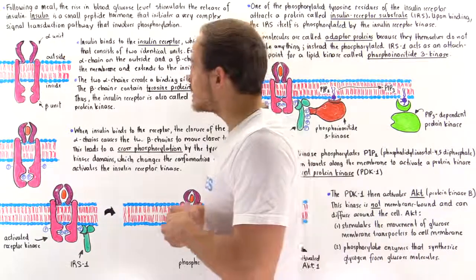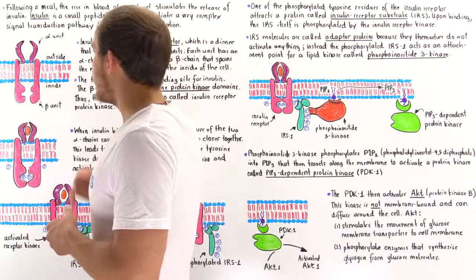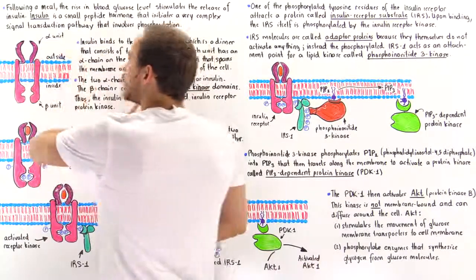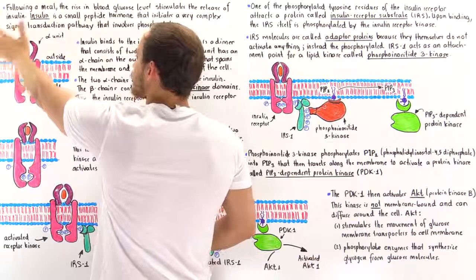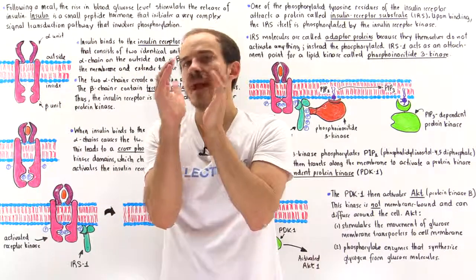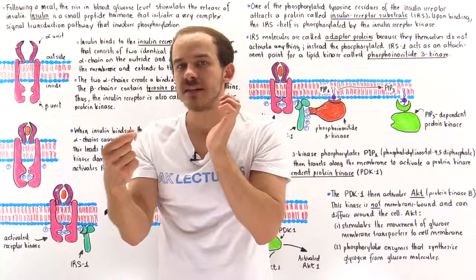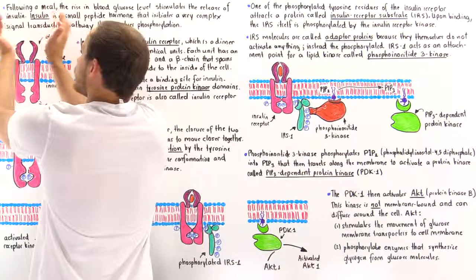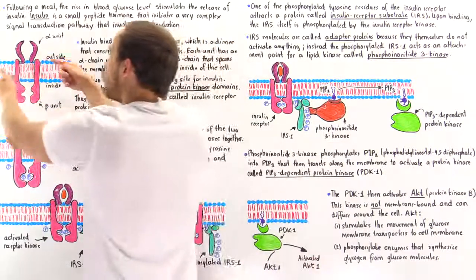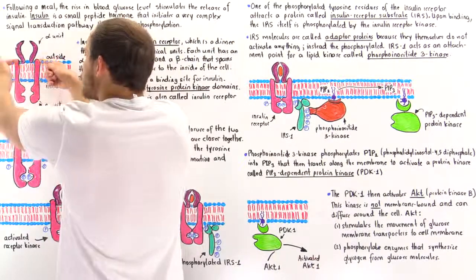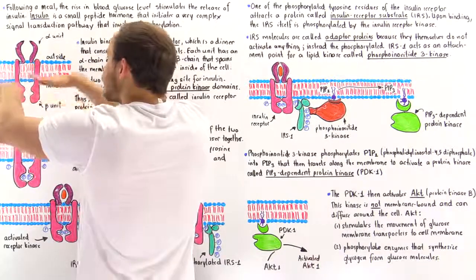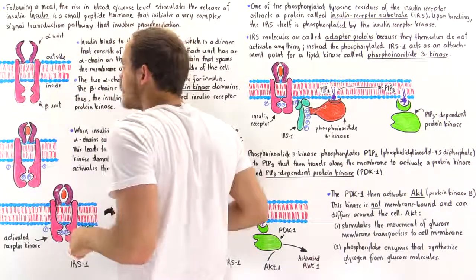Now, what exactly is the function of the alpha and the beta units? Well, the two alpha units, which are found on the outside of the cell, the extracellular environment, basically create the pocket, the region of space that binds the insulin. The beta subunits not only span the entire membrane shown here, but they also have components found on the inside, the cytoplasmic side of the cell.